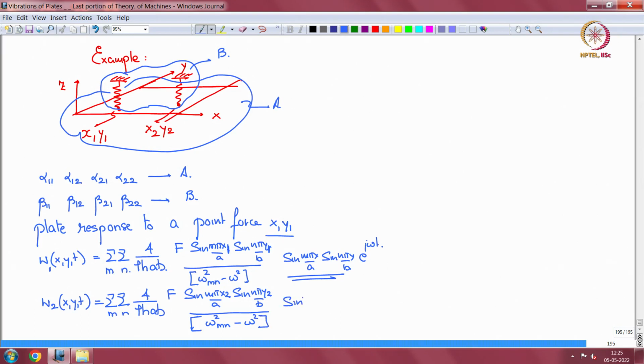Again the mode shape sin m pi x by a sin n pi y by b e to the power j omega t.